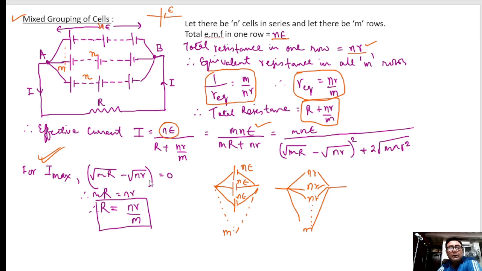That means this part has to be 0. That means for maximum current, the value of the external resistance connected should be nr by m. Please remember this. Clear?